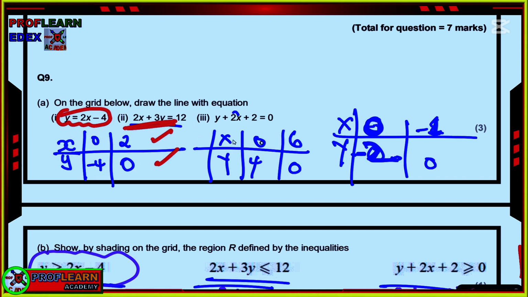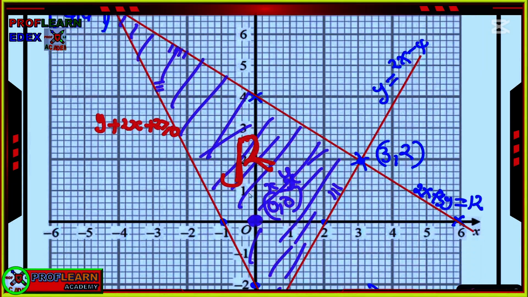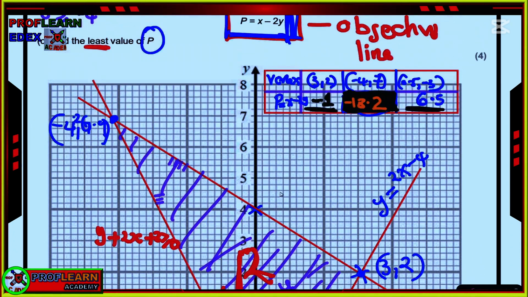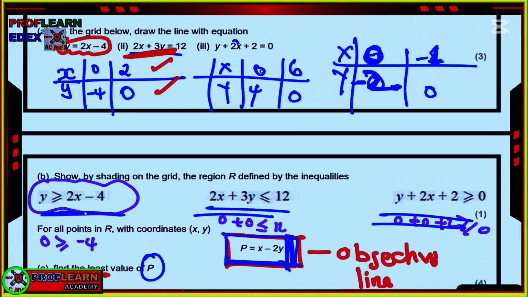For this one, you can get the shaded region. You are going to identify a point inside the graph. For instance, for this one, I selected the point x 0, y 0. Then I substitute them into the inequality. So if x is 0 and y is 0, this will be 0.